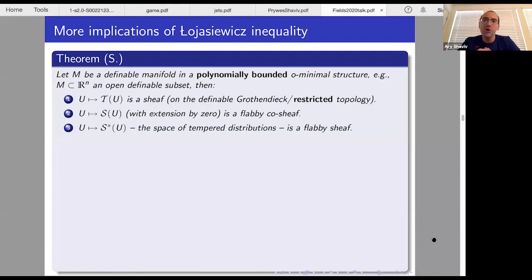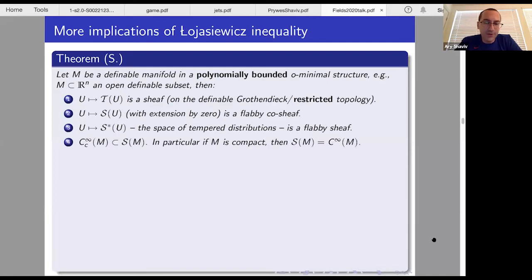So if you have a small space and you have a tempered distribution on it, you can always extend it to some tempered distribution on the big space, because the restriction morphism is onto. This is the meaning of flabby. So, okay, so this works.